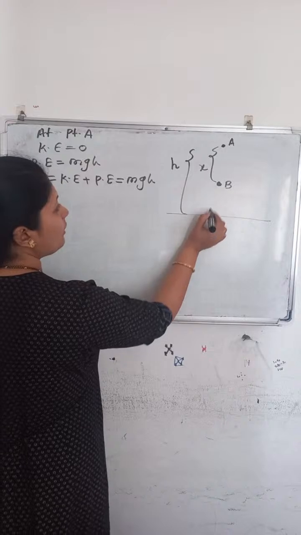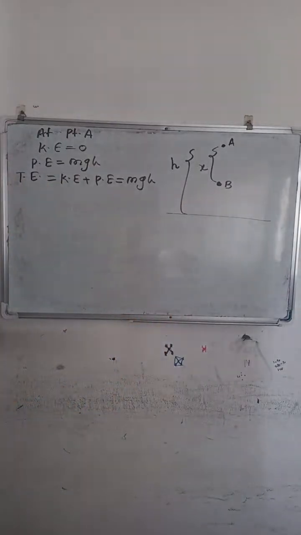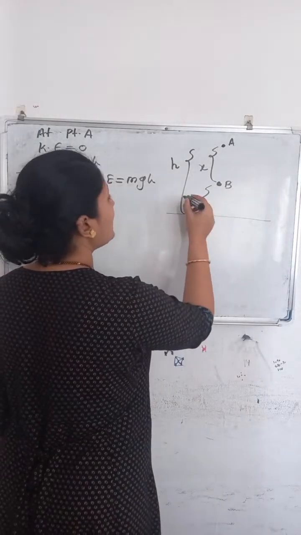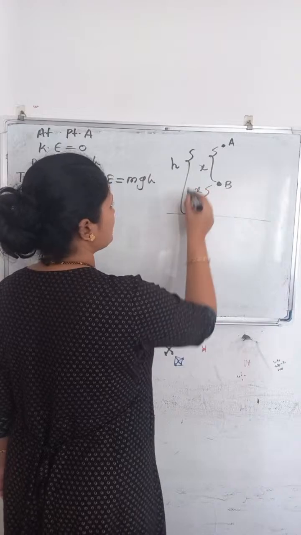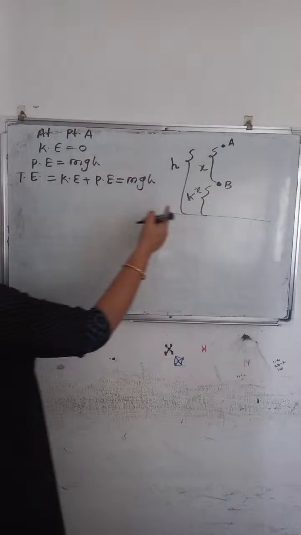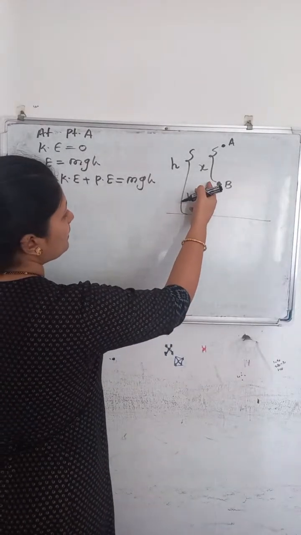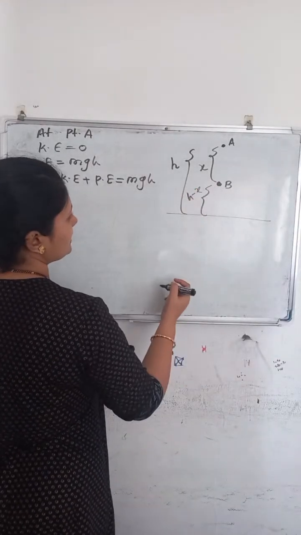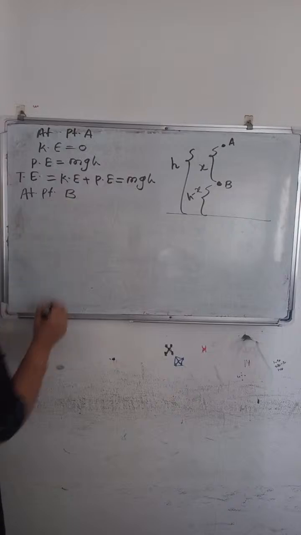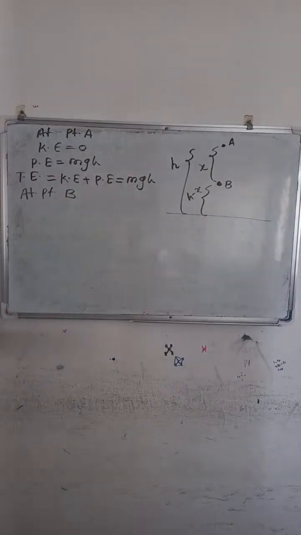How much is the height of B from the ground? Its height will be h minus x, the total height minus the covered distance x. So now we can calculate the kinetic energy and potential energy at point B.